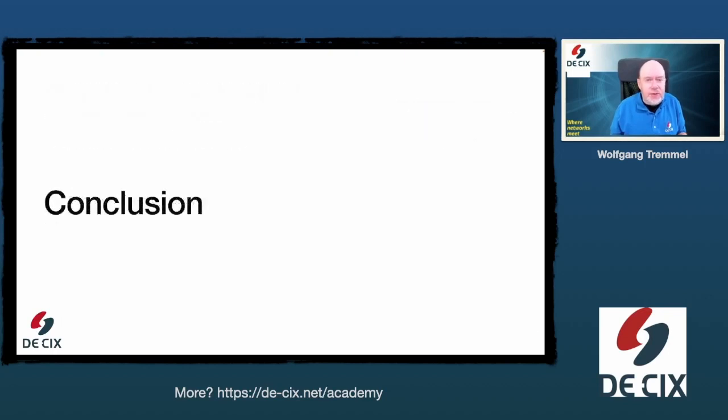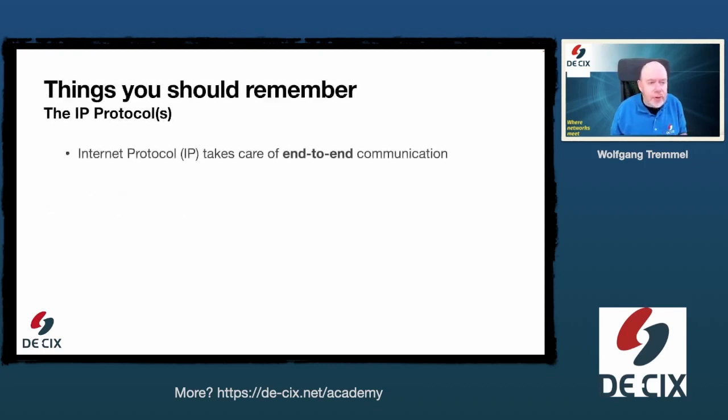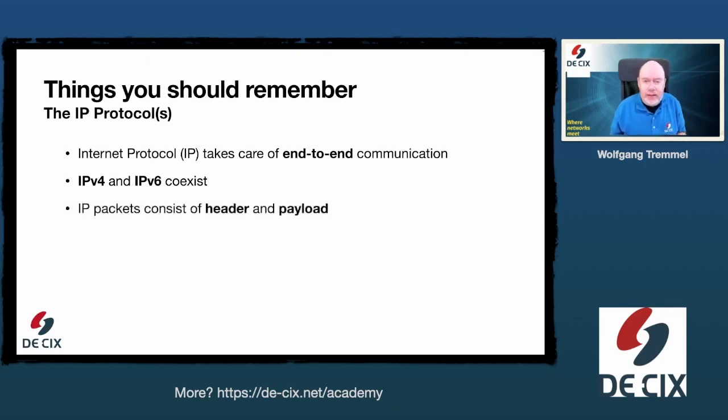Okay, conclusion. What do I want you to take away from this video? The IP protocol takes care of end-to-end communication. There are two protocols on the IP layer. That's IP version 4 and IP version 6, and they coexist. They are both heavily used. IP packets, they have a header and a payload.